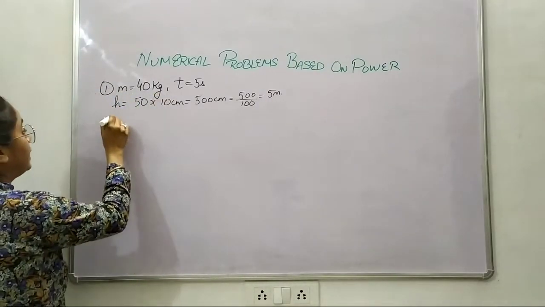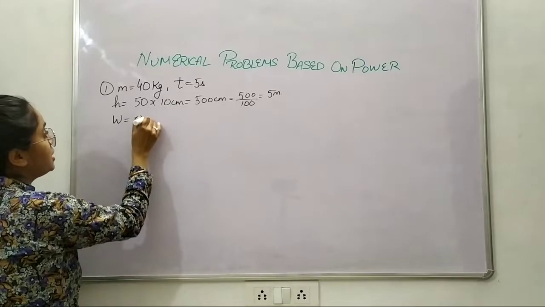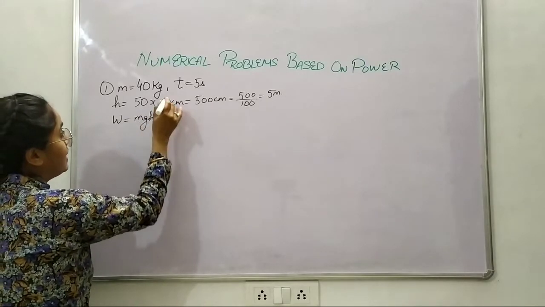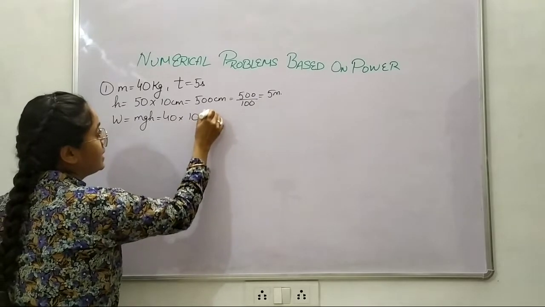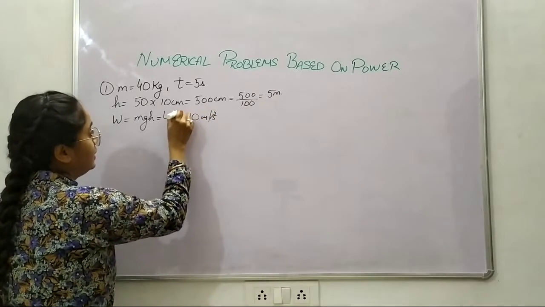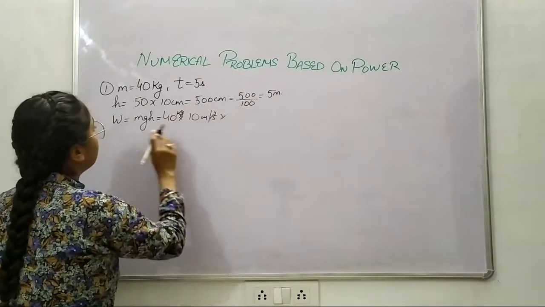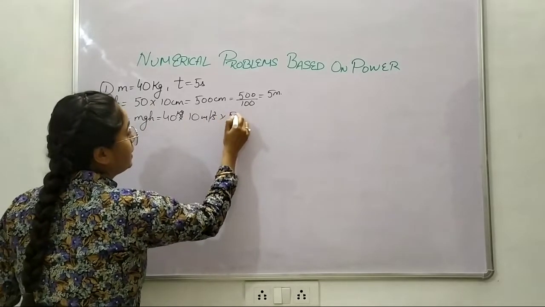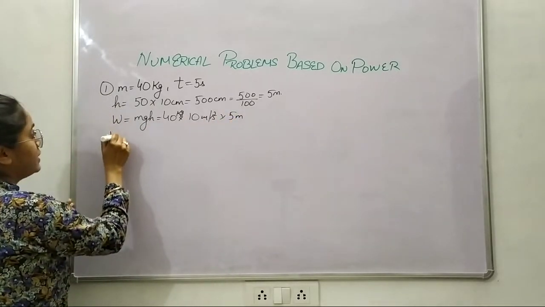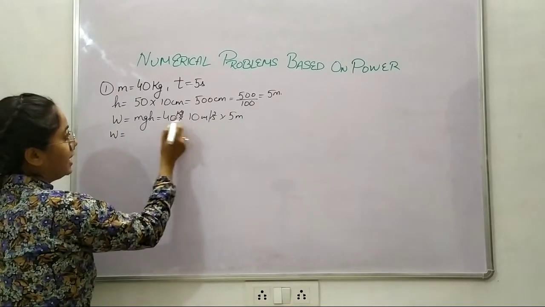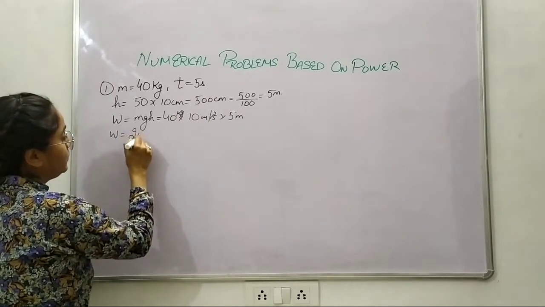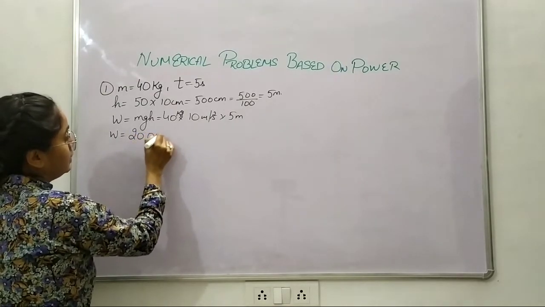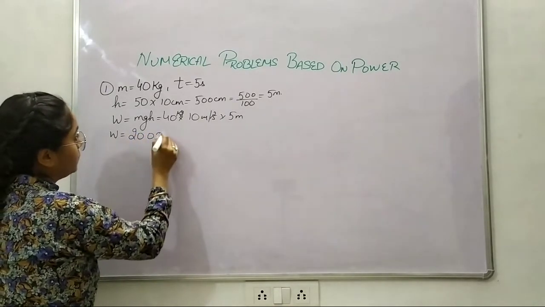So work done by that boy is mgh. Now mass is 40 kg, gravity is 10 meters per second squared, and height is 5 meters, which we just calculated. So work done here is 40 times 10 times 5, which is 2000 joules.